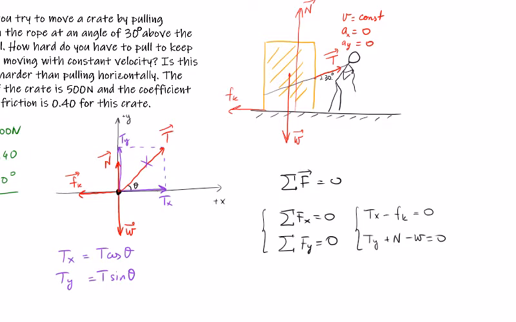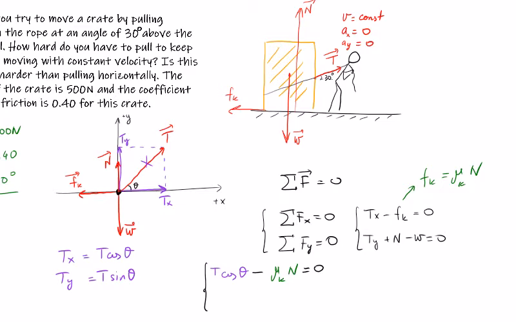Now let's recall Fk is mu k times normal force. And then substituting the Tx and Ty into these equations, we will get T cosine theta minus mu k times normal equals 0.